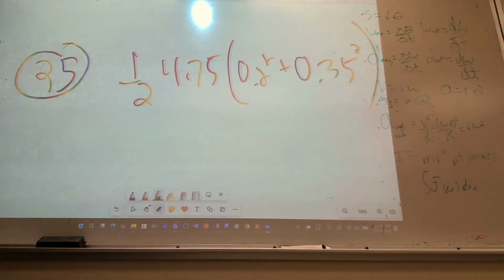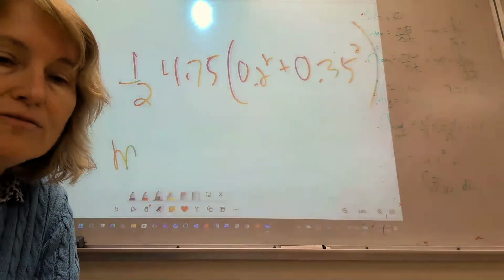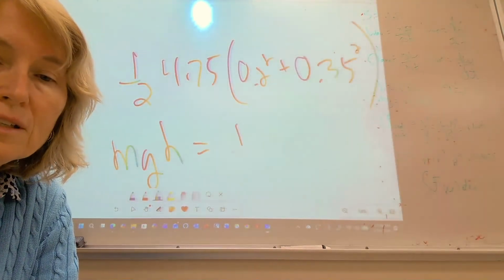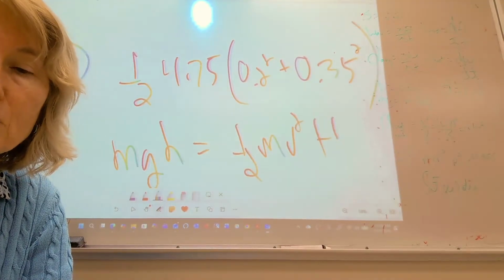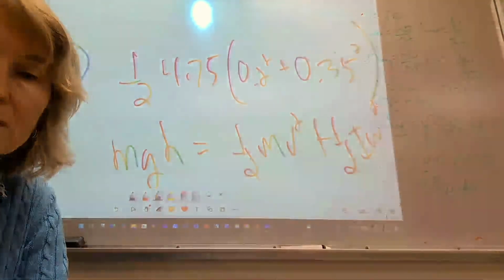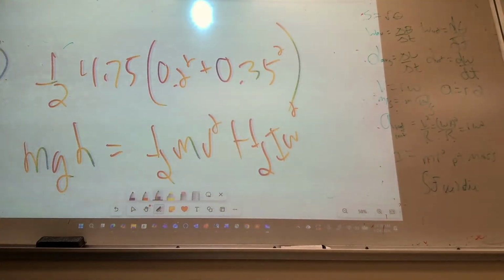You're writing your general conservation of energy equation. So we have the same thing. It falls, that's mgh. It's rotating and translating, that's 1/2 I omega squared. You're plugging in for your mass.